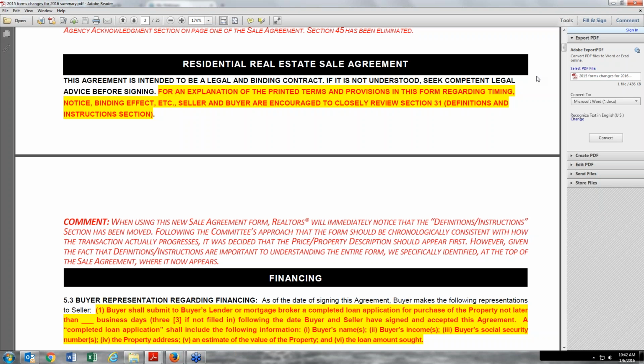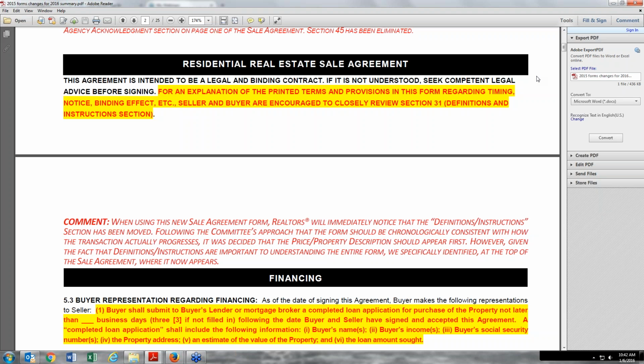And the first casualty of that decision was the instructions and definitions section that would normally be right below the bar of the residential real estate sale agreement text.